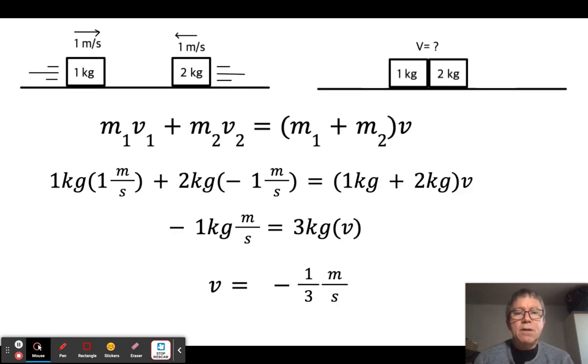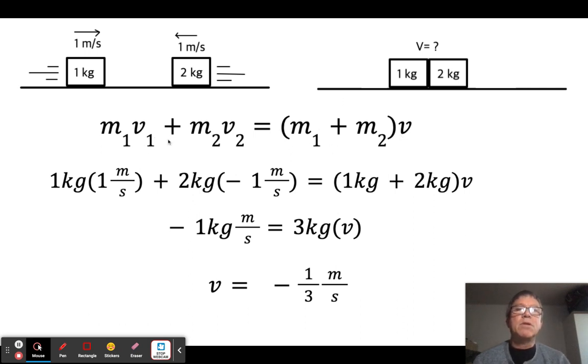Now, there's a case that's worth noting, and that is often we have a situation where the two objects join together afterwards. You could still use the other equation to solve it, but you can also make life a little bit easier by saying, well, I know the m's are joined together, and there's only one final velocity. It's a little bit easier to do it this way.